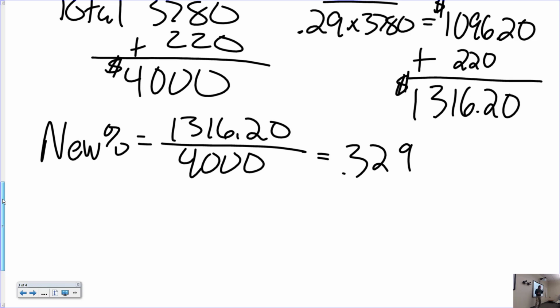Note that's the decimal. What are you going to do with it? Yeah. Move the decimal over two. Am I going to write 32.9%? Why am I going to write 33%? Because you round.